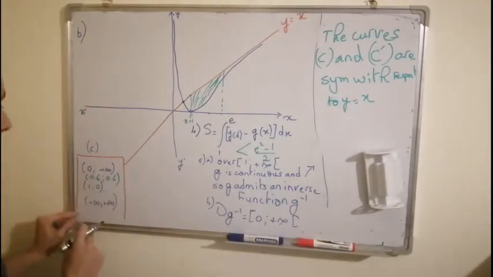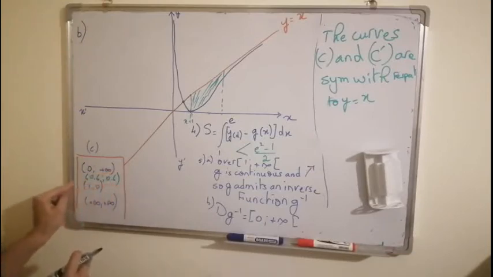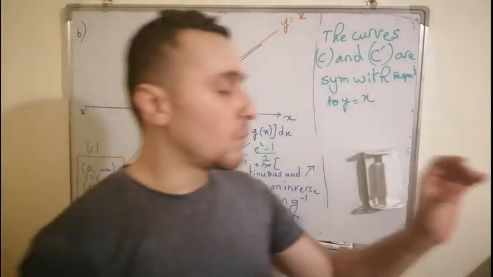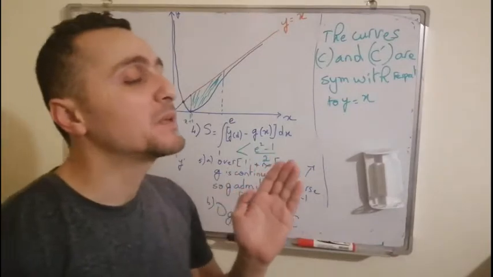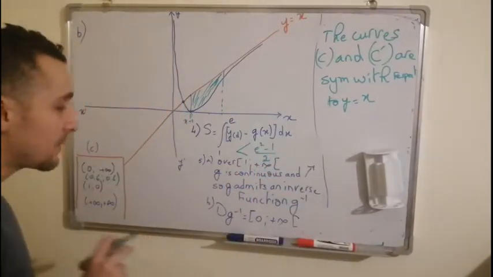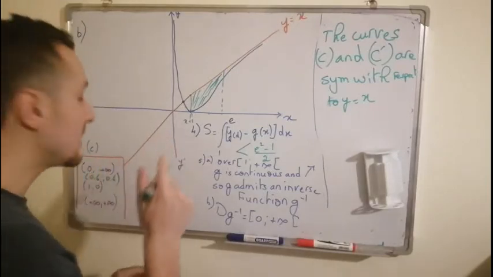The points belonging to the curve C are (0 plus, minus infinity), (0.6, 0.6), (1, 0), and (plus infinity, plus infinity). We have to remark that the question is to prove it when x is bigger than 1. So the accepted points are the points having an abscissa bigger than 1.